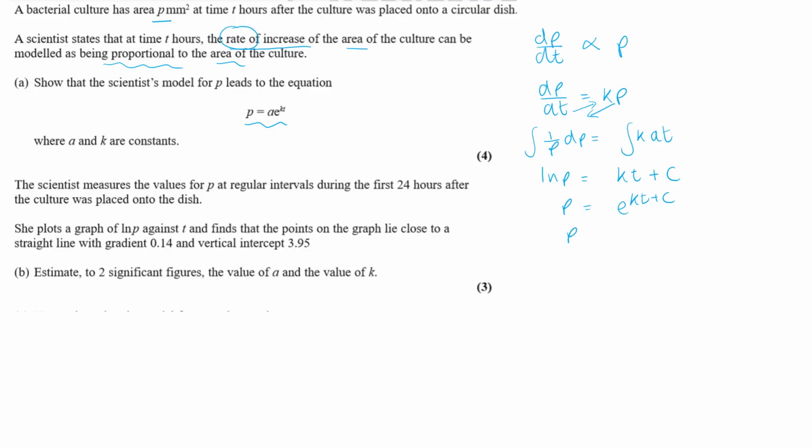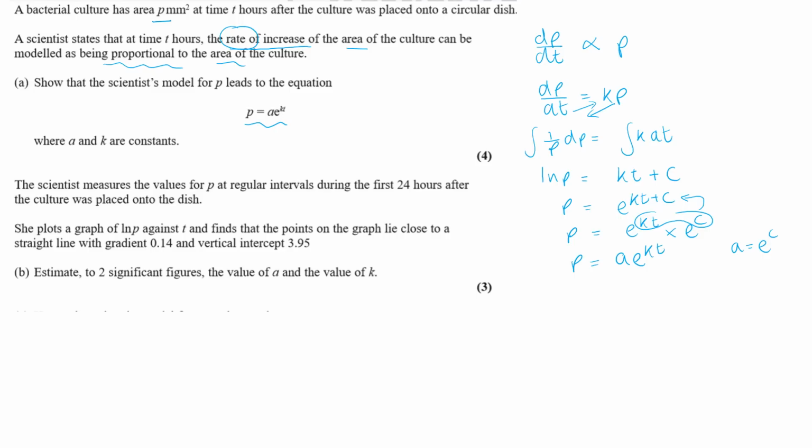Now e to the kt times e to the c would cause us to add those indices, which is what we've got here, and then we can just say that A is equal to that e to the c, because it's just going to be a constant. So P is equal to A e to the kt. So that's part a for 4 marks.